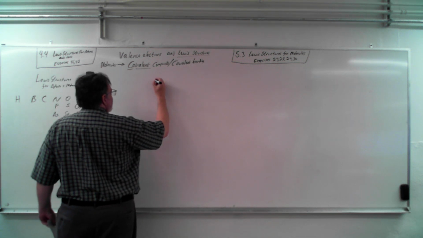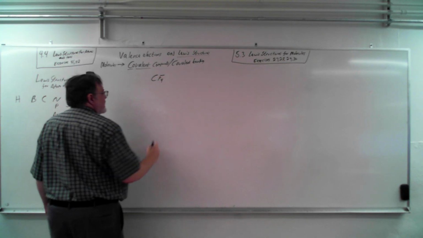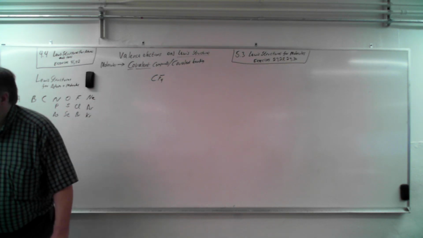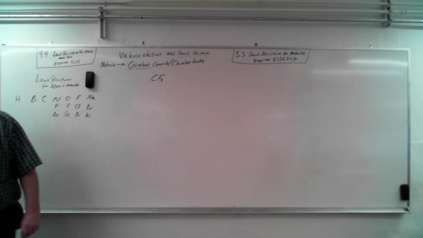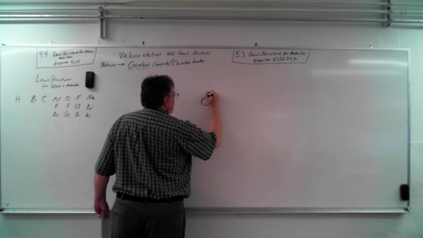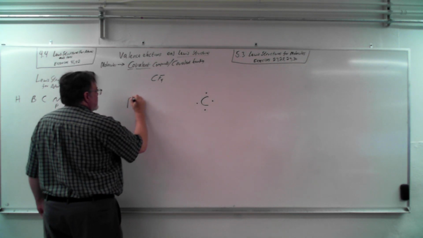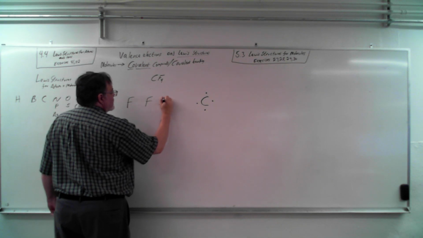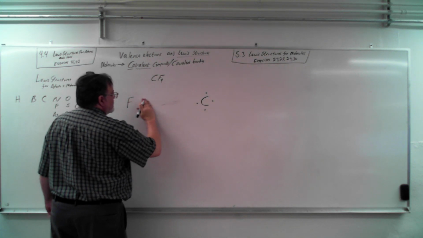If I said, there's the formula, give me the Lewis structure of carbon tetrafluoride. One thing you could do is start with carbon on the drawing board, and then there's 4 fluorines, and let me split them up a little.